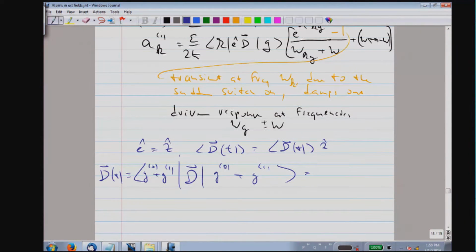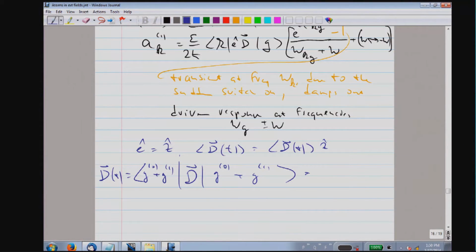In the line at the top, we have the first order correction to the ground state wave function. And so we just plug it in, and what we obtain is a result where we have the matrix element squared.